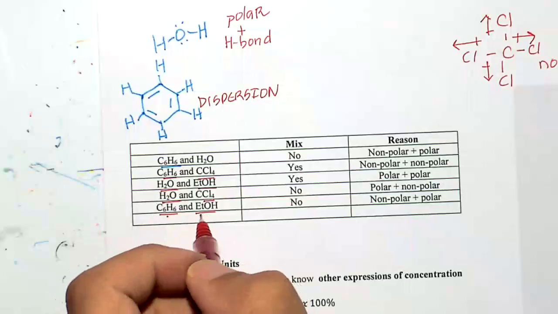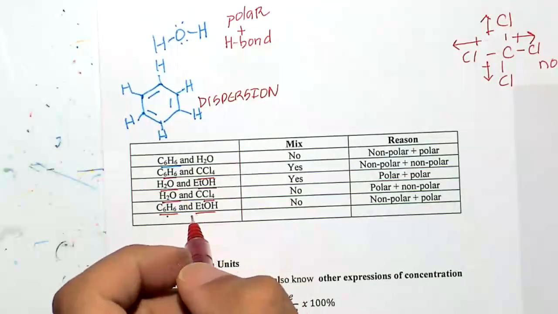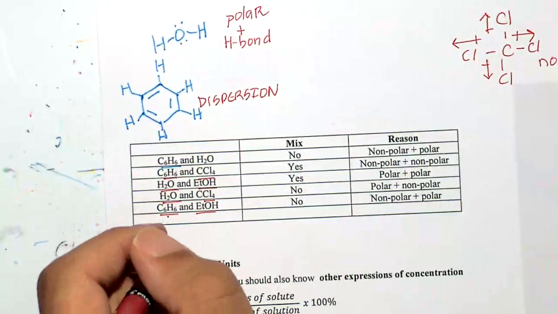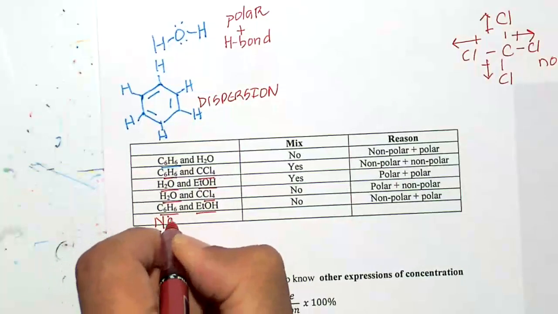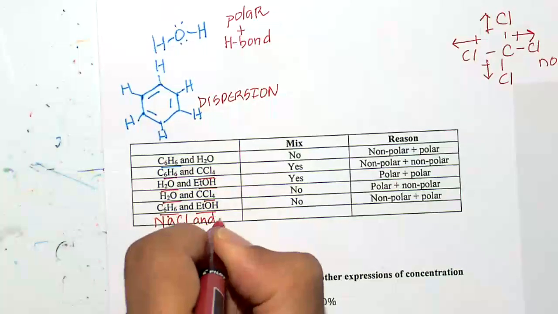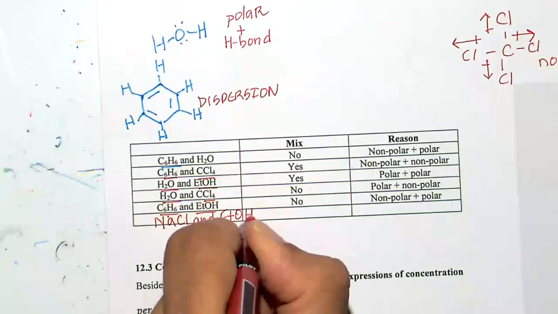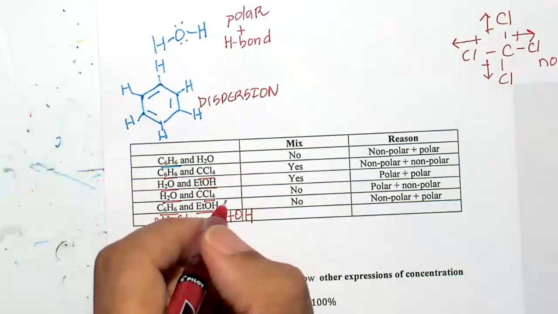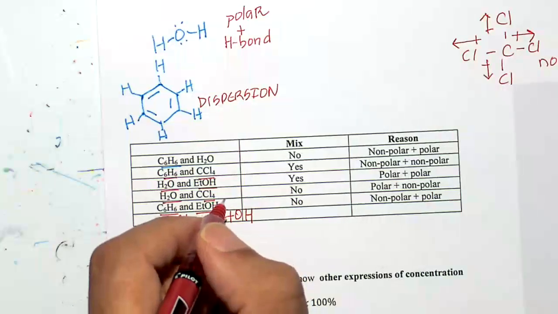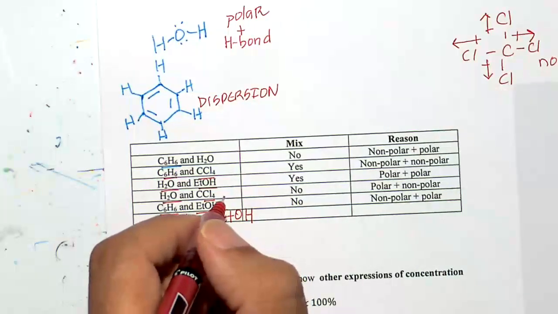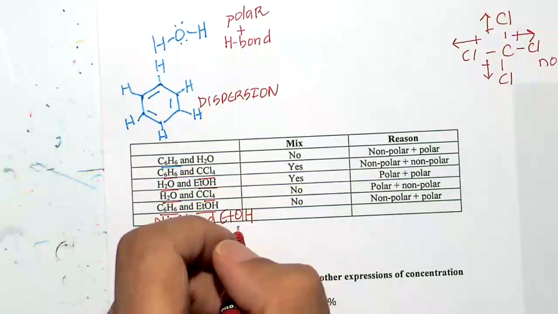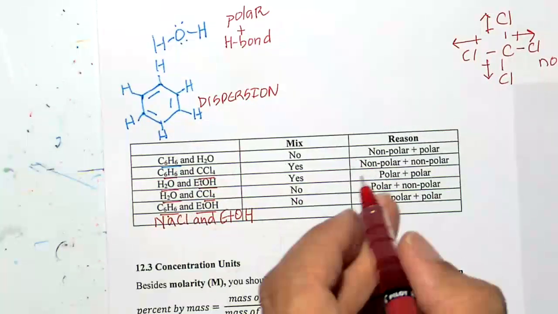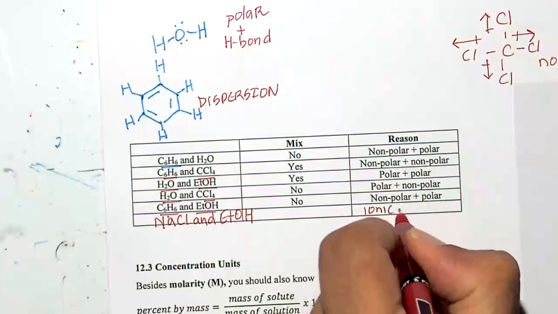C6H6 is nonpolar, ethanol is polar. How about sodium chloride and ethanol? Would they come together? Miscible or not miscible? NaCl, what is that? Ionic. Ethanol is polar. So this would actually mix. Ionic plus polar.